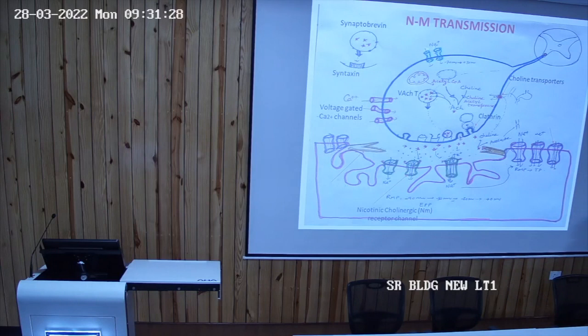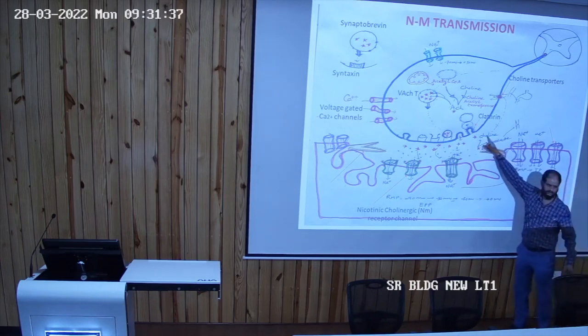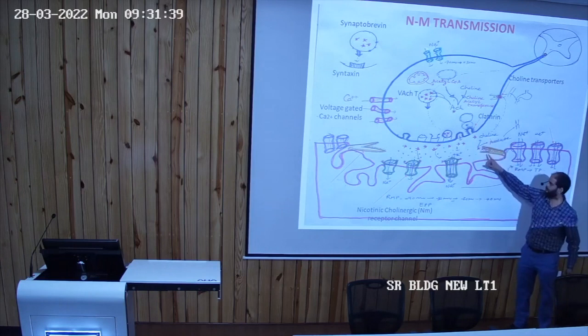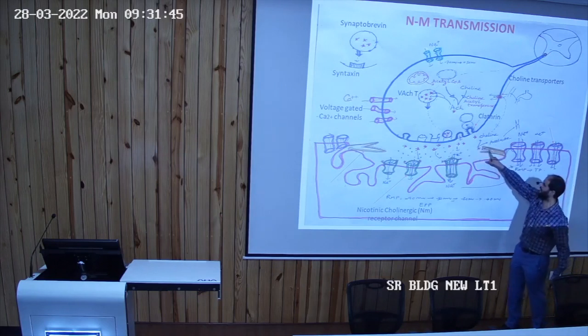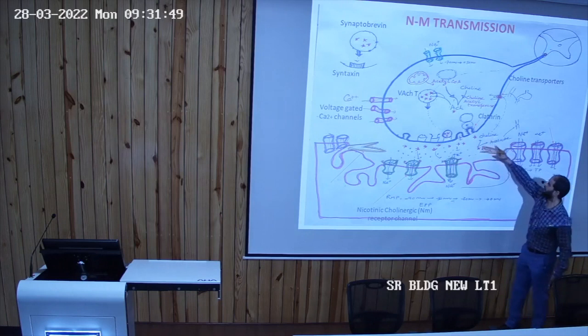They capture the extra acetylcholine and break it down into acetate and choline. Okay, due to the presence of these enzymes, they break down the acetylcholine into acetate and choline. The acetate will be diffused out through the blood.